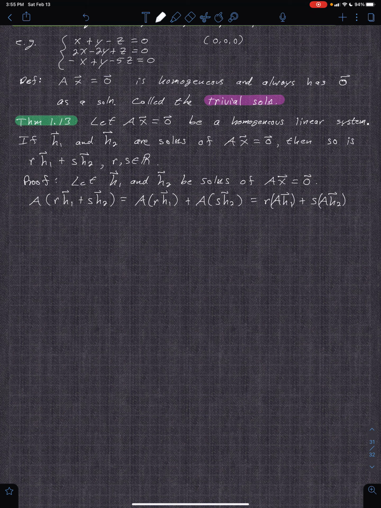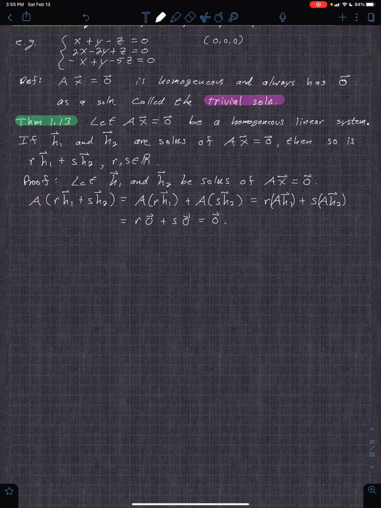So that equals R times the 0 vector plus S times the 0 vector, which is, of course, the 0 vector. Therefore, that sum, and it's basically a linear combination, isn't it? R and S give a linear combination of the vectors H1 and H2.